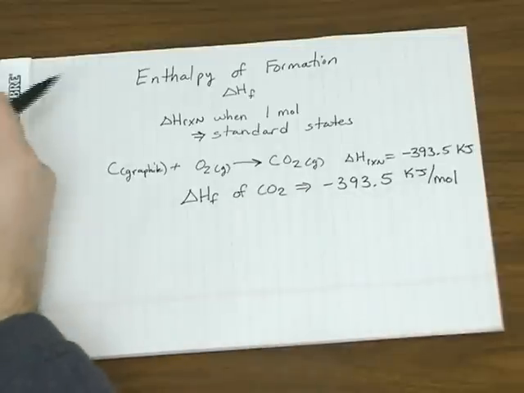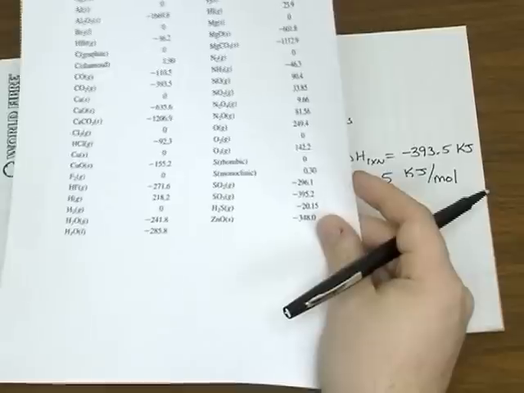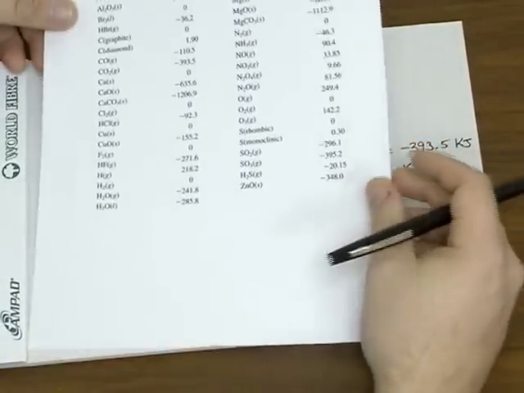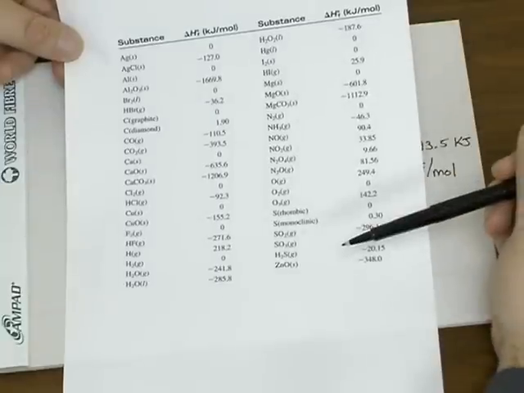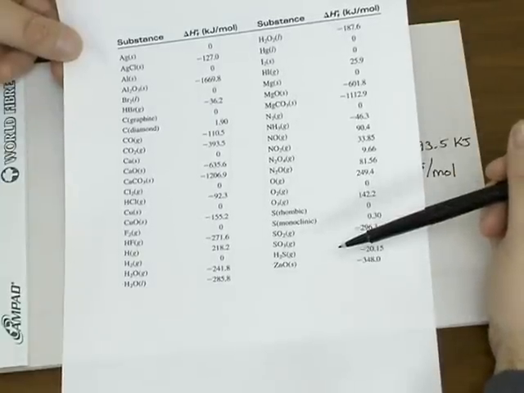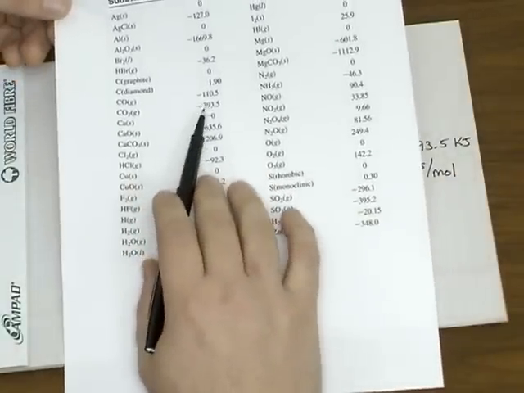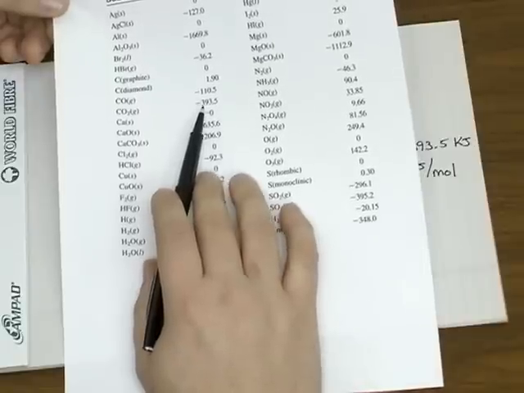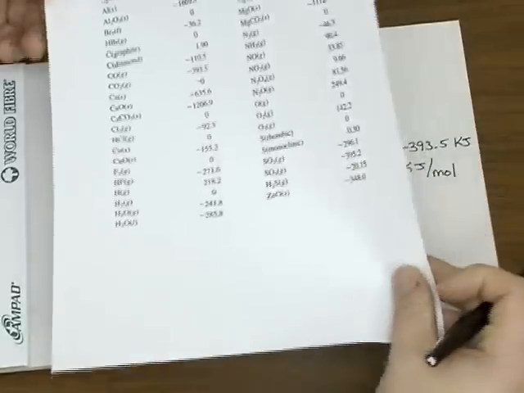So in the back of most Gen Chem textbooks, there's usually one big table that has a lot of elements and their enthalpies of formation. So somewhere in here there's carbon dioxide, and if you can read it, you can see it is given as negative 393.5.